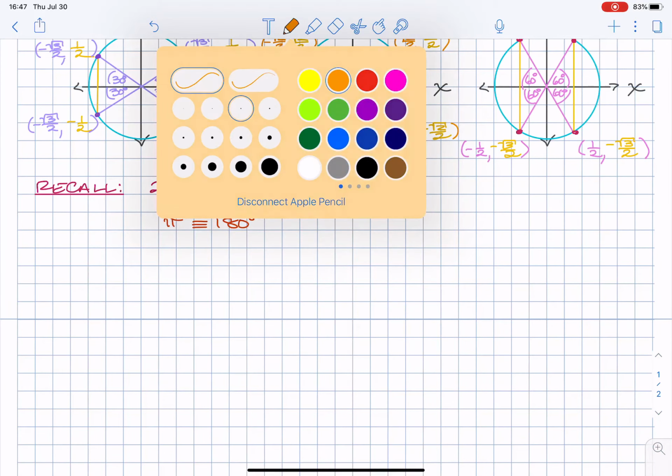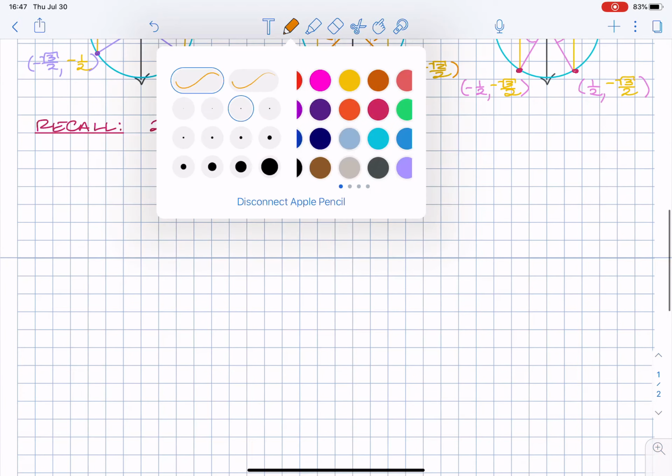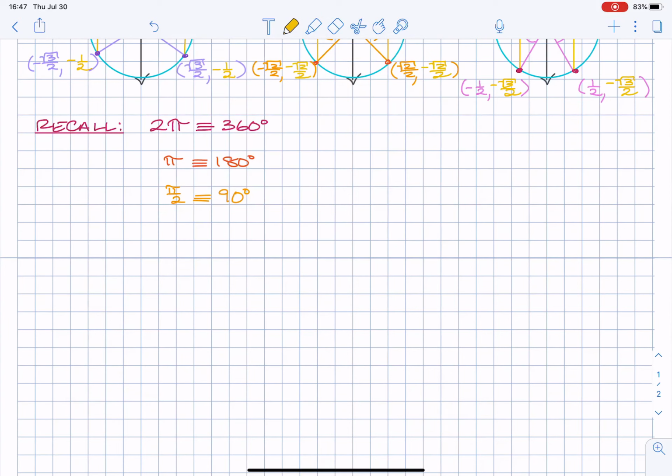Dividing that again by 2, pi over 2 is equivalent to 90 degrees. And again by 2, pi over 4, is equivalent to 45 degrees, but I'm missing a couple.